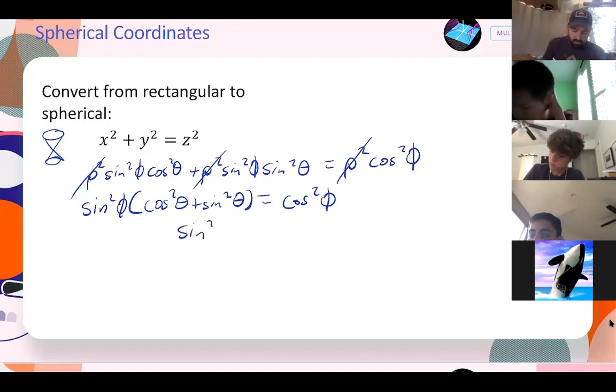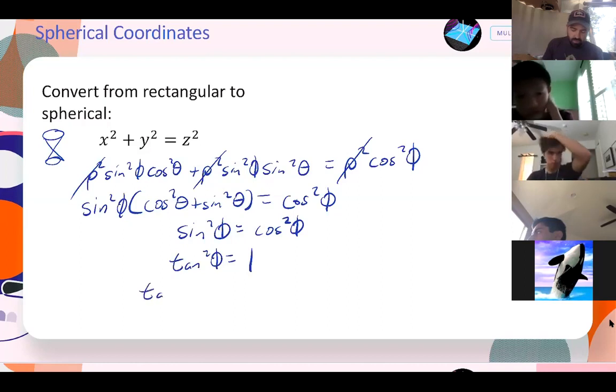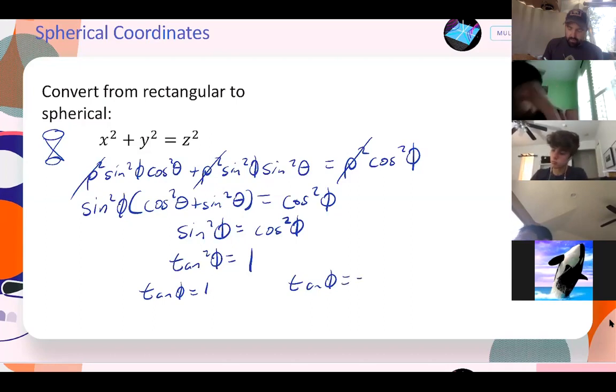So this is just sine squared phi equals cosine squared phi, which you should already know is where sine and cosine are the same. If I'm squaring it, that just means where they're the same absolute value. Or we could solve this as tangent squared phi equals 1 if I divide by cosine squared, which means I'm looking for where tangent phi is 1 or where tangent phi is -1, which is happening at phi equals pi over 4, or phi equals 3 pi over 4.